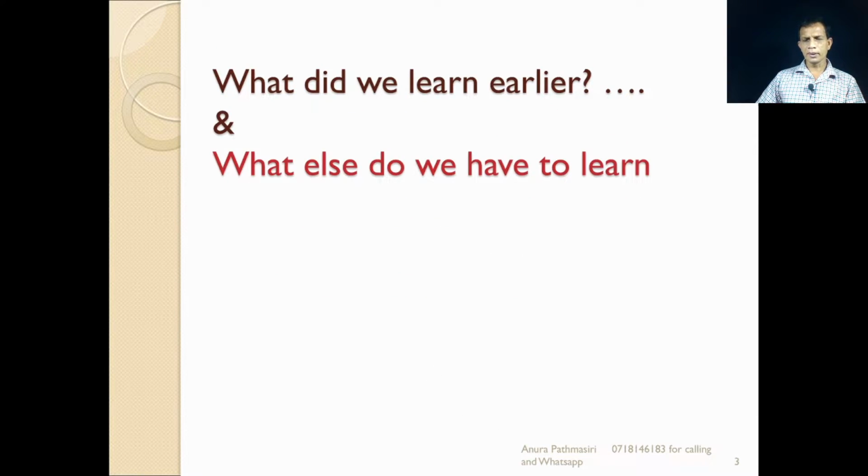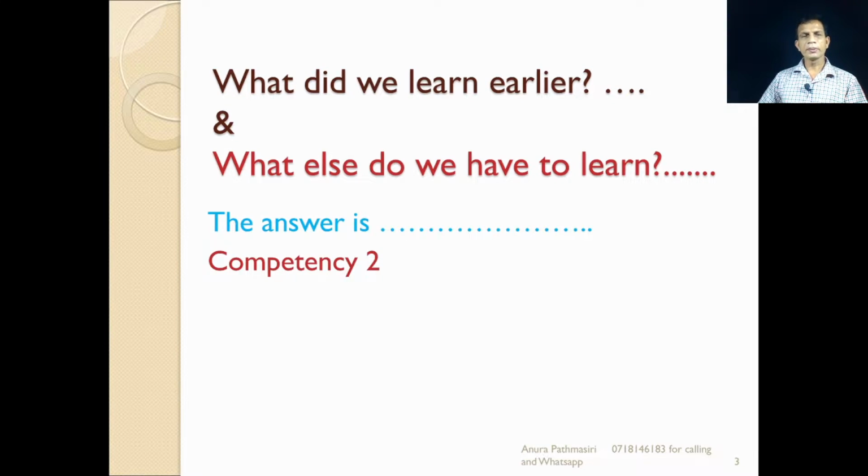Coming to the lesson, what did we learn earlier and what else do we have to learn? Well, the answer is competency 2. Competencies are designed for you to improve your education.